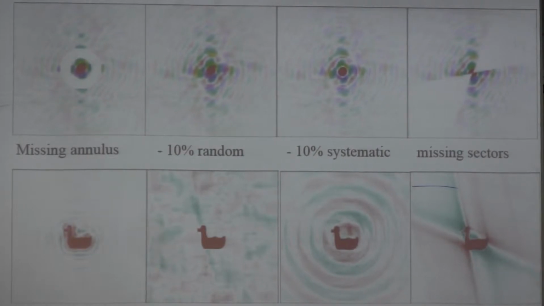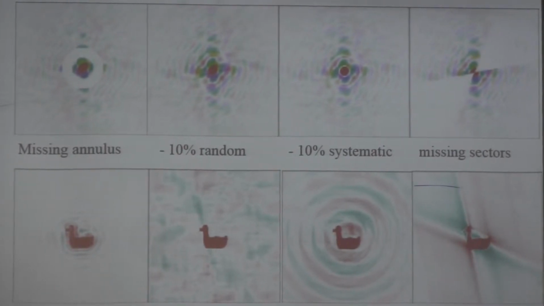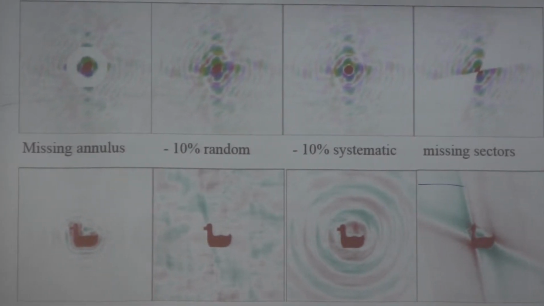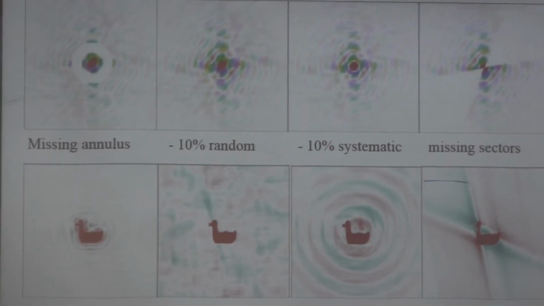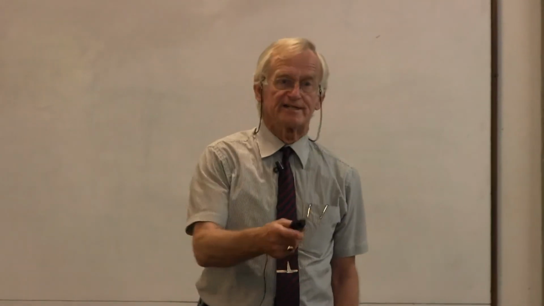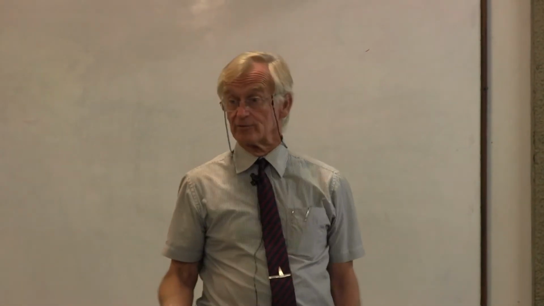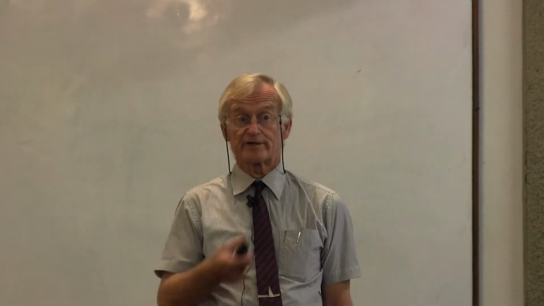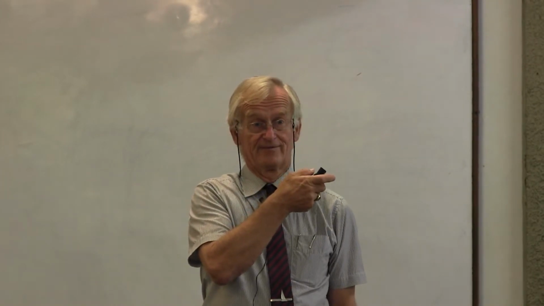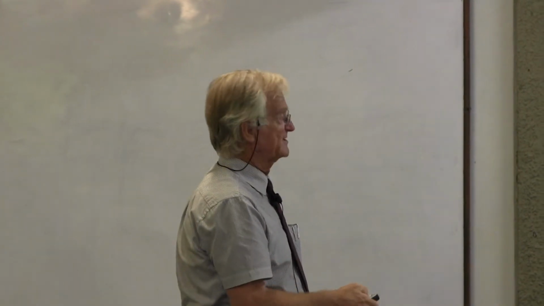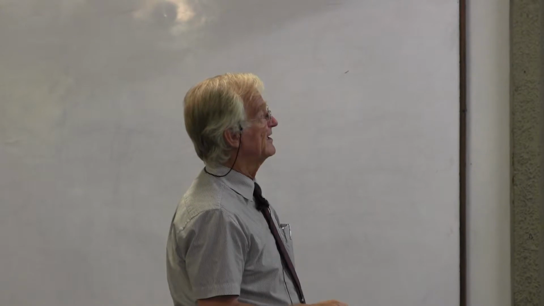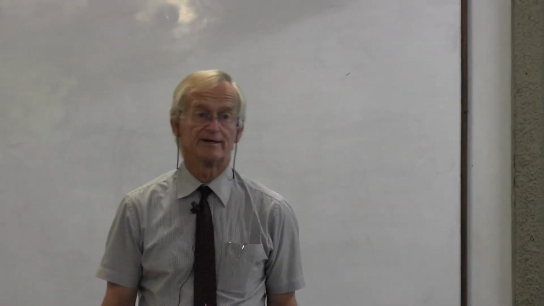It's very good to realize here that before you make your Fourier transform, you must decide on what you do about what you have not measured. Because specifying that it is 0 at that location is wrong. And yet you do that by doing the Fourier transform. You can see that effect very badly if I cut out full sectors of the Fourier domain.